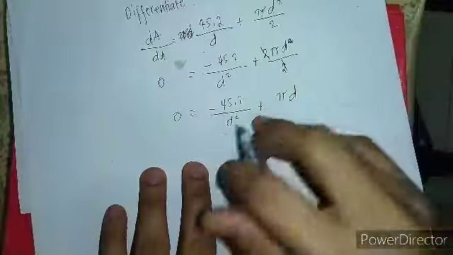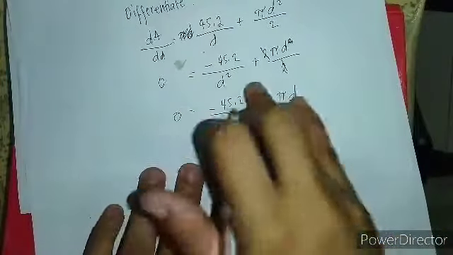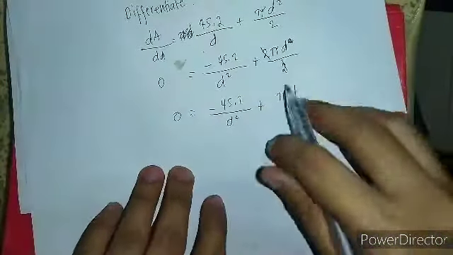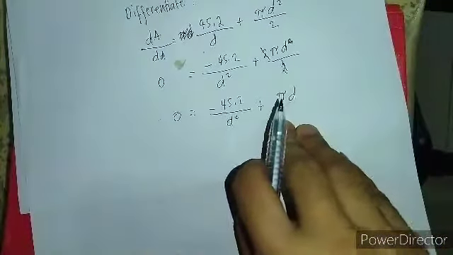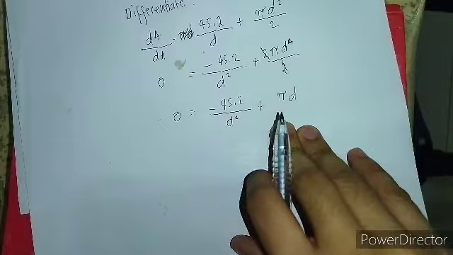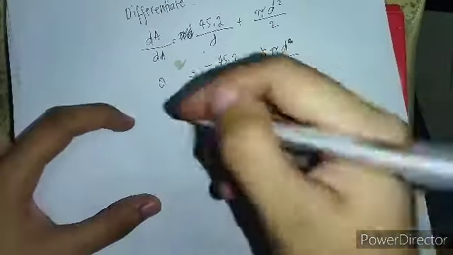We have to get the value for our diameter. So we have to again use basic algebra to get the d on the other side.